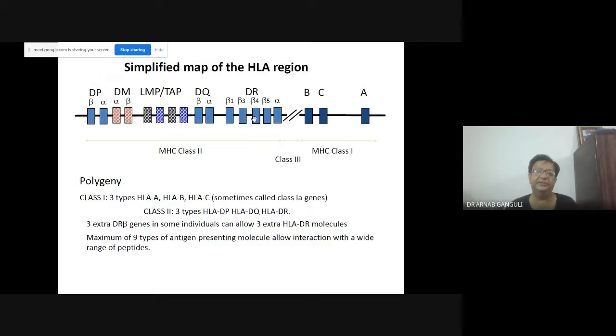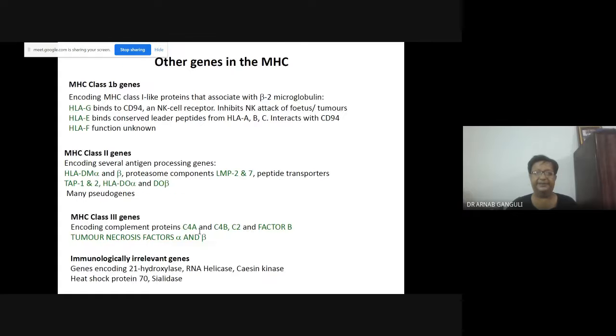Some individuals may allow 1, 2, 3 একটা এক্সট্রা করে, তাহলে 9 টাইপস হতে পারে তোমার, wide range of peptides. So other genes in the MHC include MHC class 1B genes.